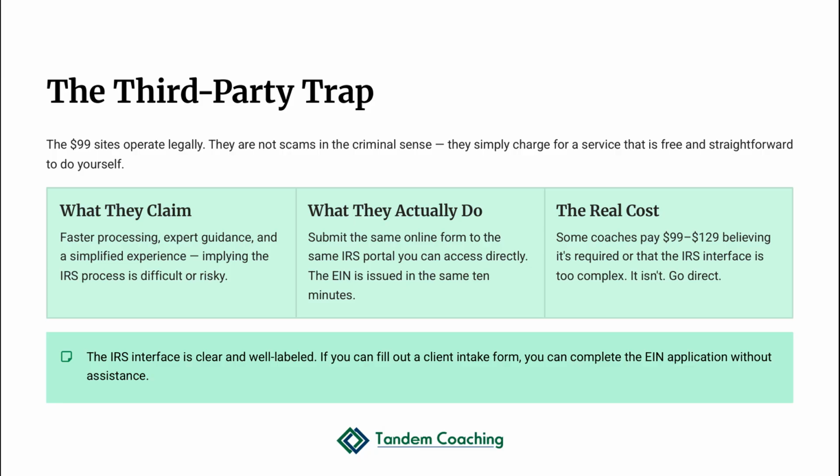No additional service, no expert review, no expedited processing. The IRS treats their application identically to yours. Some coaches pay because the site implies the fee is mandatory or that the official process is complicated. Neither is true. The IRS interface is straightforward.